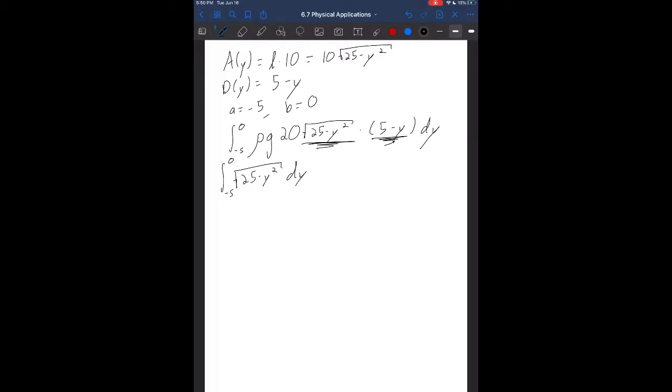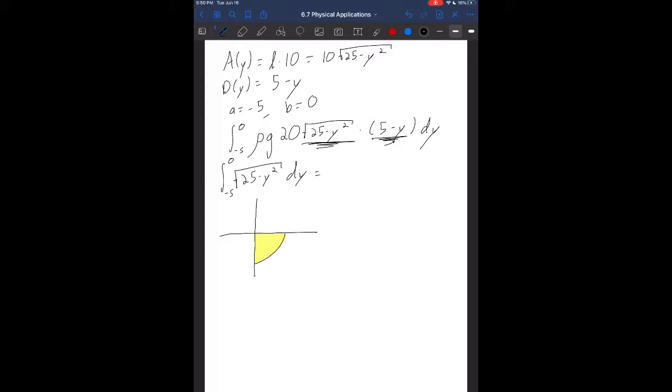So integrals are the areas under curves. And so if we look at this, what this actually is representing is this area right here. Geometrically, this is what this integral is going to mean.